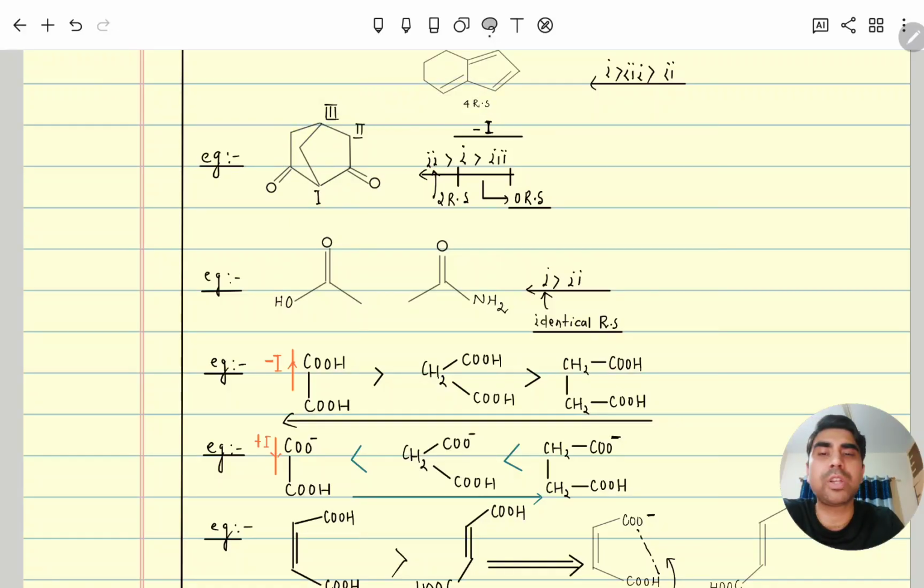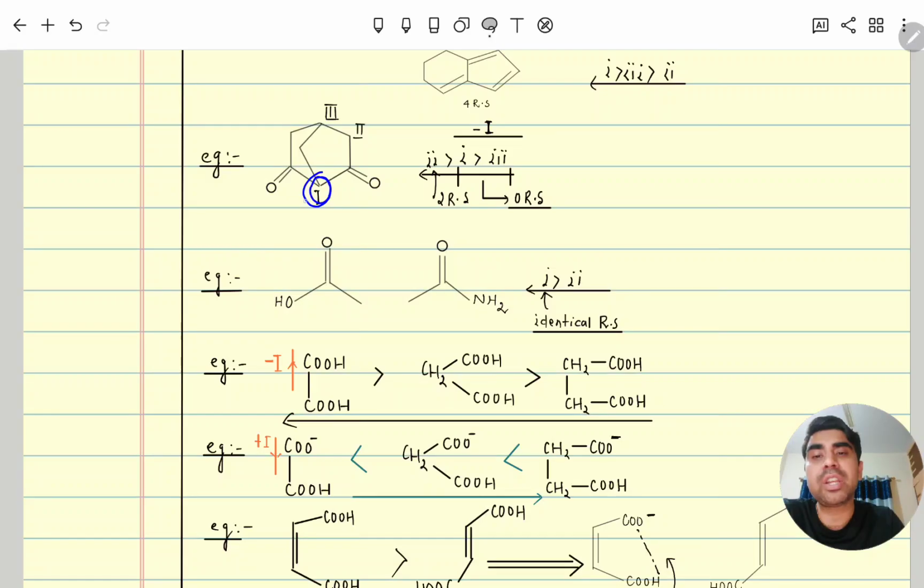So there is no conjugation at all. Even if conjugation were there, it cannot do resonance. Clear? Because for conjugation the system must be planar. The bridgehead is not planar, Bredt's rule.